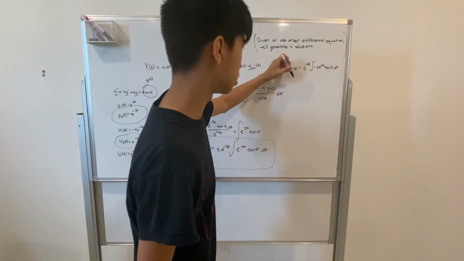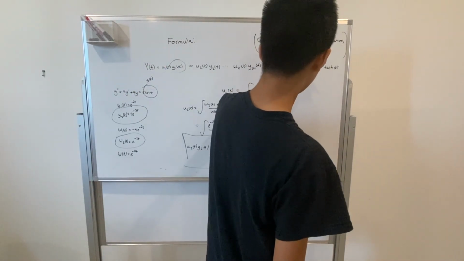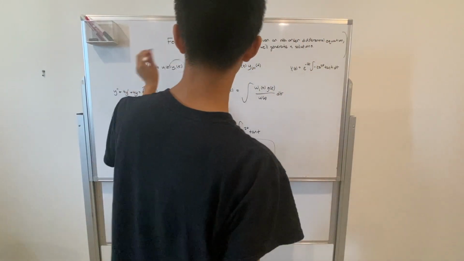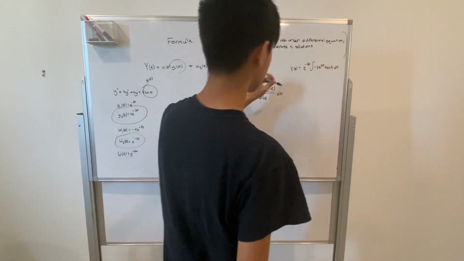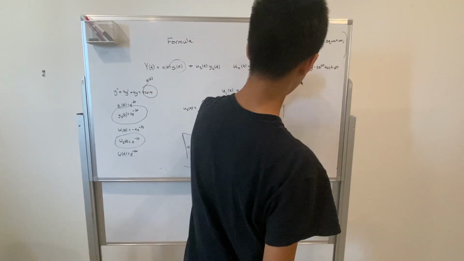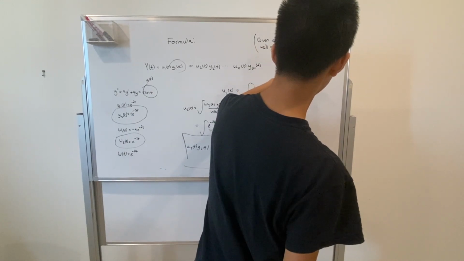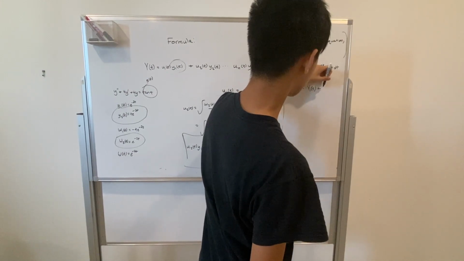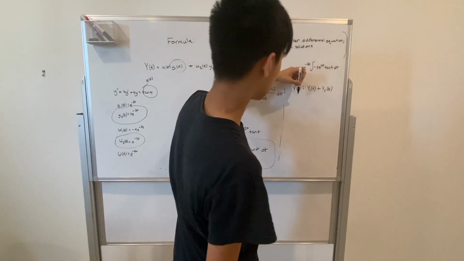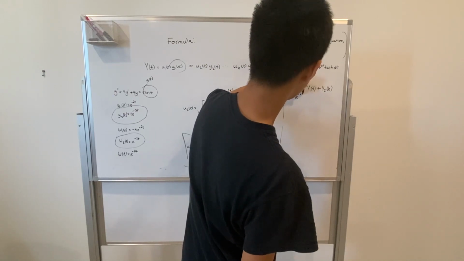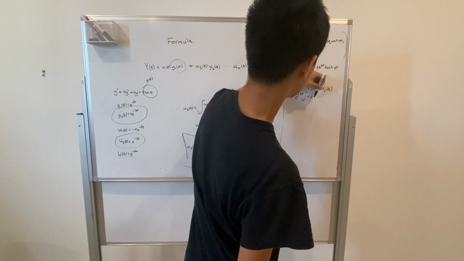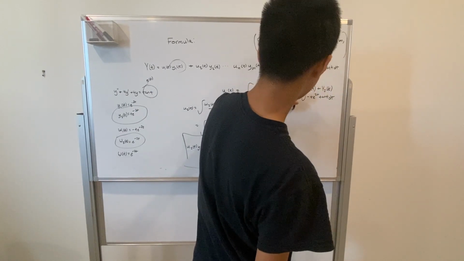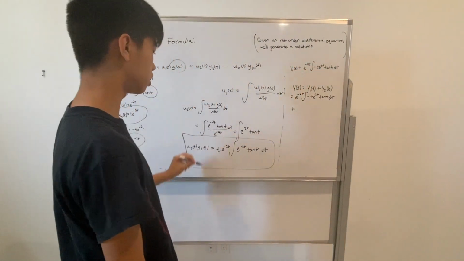So we know y2 of t. Well, actually, no, it's right here. So our overall solution from the variation of parameters would be big Y of t is equal to y1 of t plus y2 of t. And that would equal e to the negative 2t times the integral of negative t e to the 2t tangent of t dt plus what we have here.